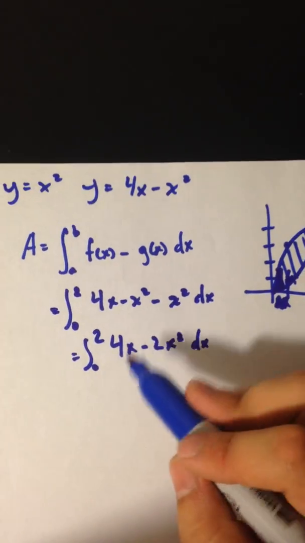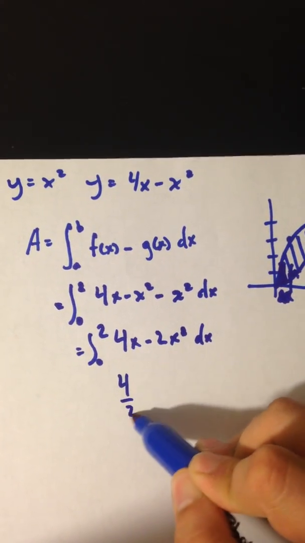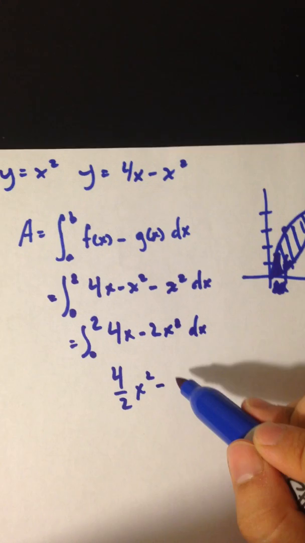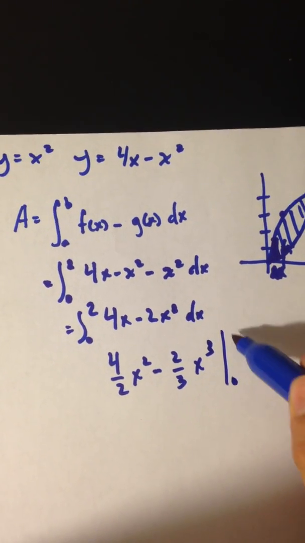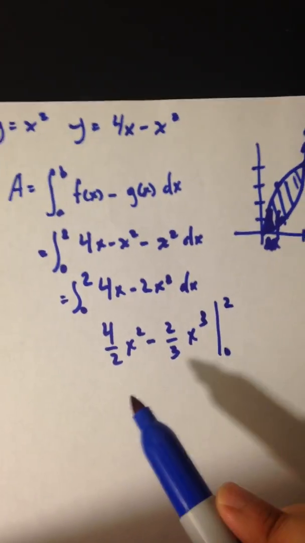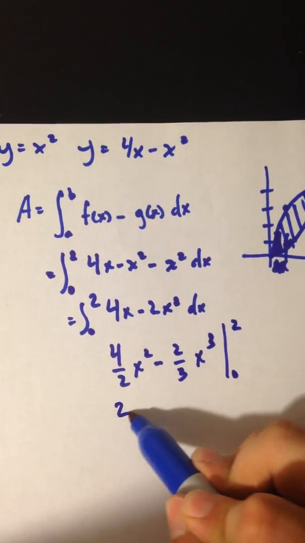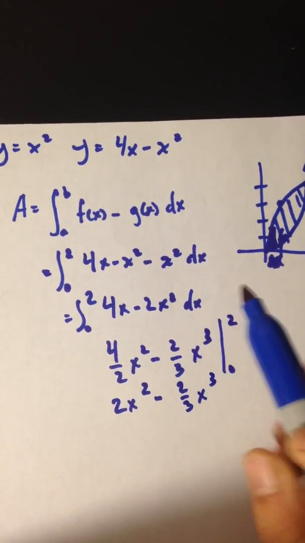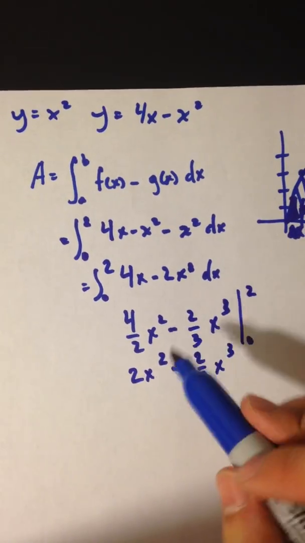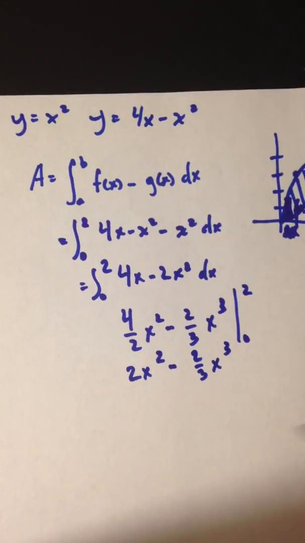And then we can integrate this, which would be 4 over 2 x squared minus 2 over 3 x to the third from 0 to 2. Now simplify this further, 2x squared minus 2 over 3 x to the third. Now we can just plug in our 2, because 0 would just cancel out and become minus 0.